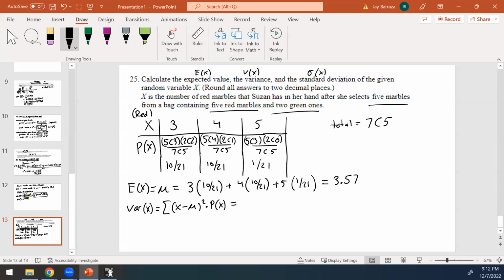So you're going to take 3 minus 3.57, because this right here is this number.